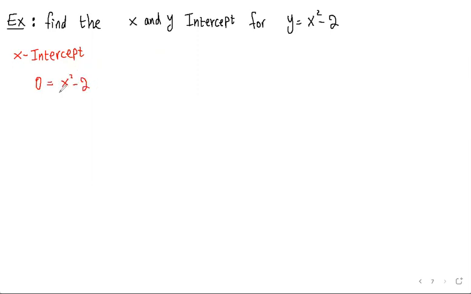Now I solve for x. How can I solve this? It looks like a simple quadratic equation. So I can move the 2 to this side, and I get x squared equal 2. I take the square root of 2, and I get 2 solutions.